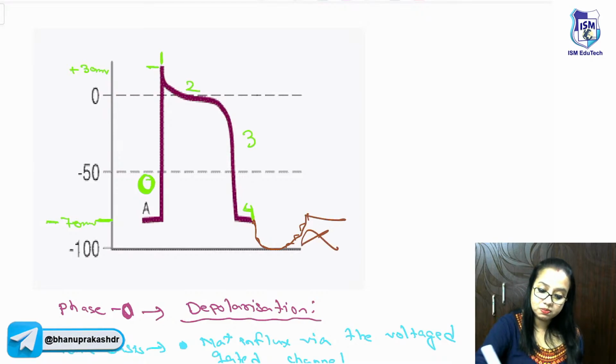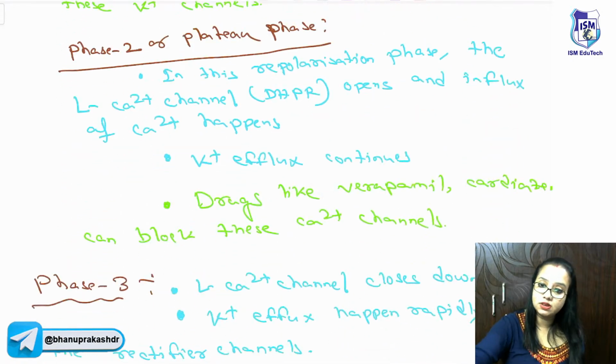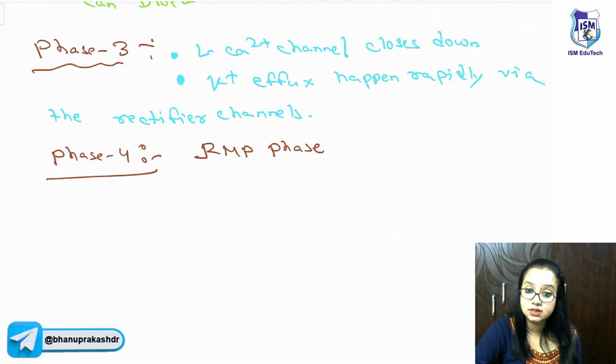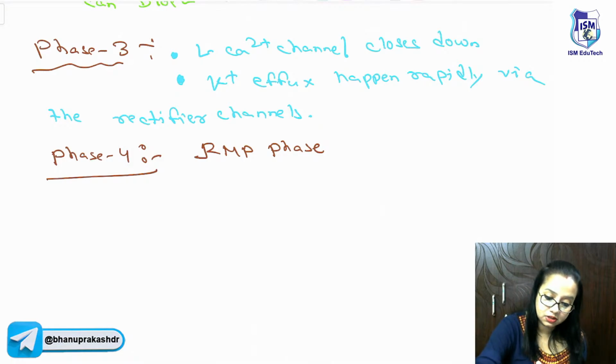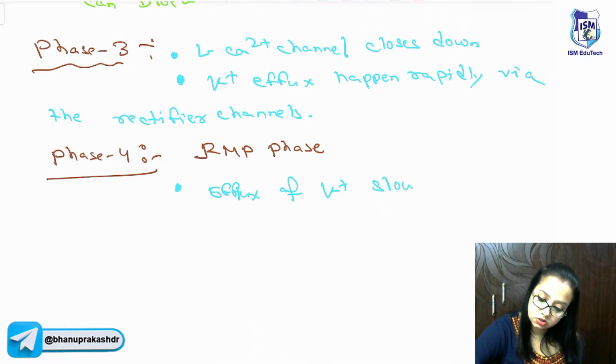There is no hyperpolarization in the resting membrane potential phase in the cardiac muscle of the atria, ventricle and the Purkinje fiber. So here what happens is that again efflux of potassium slows down.